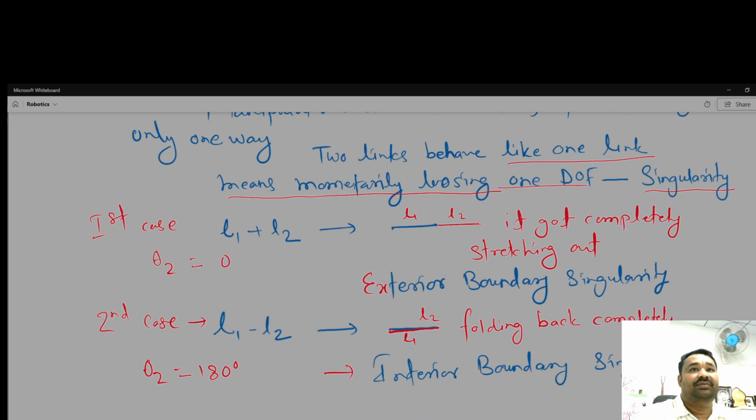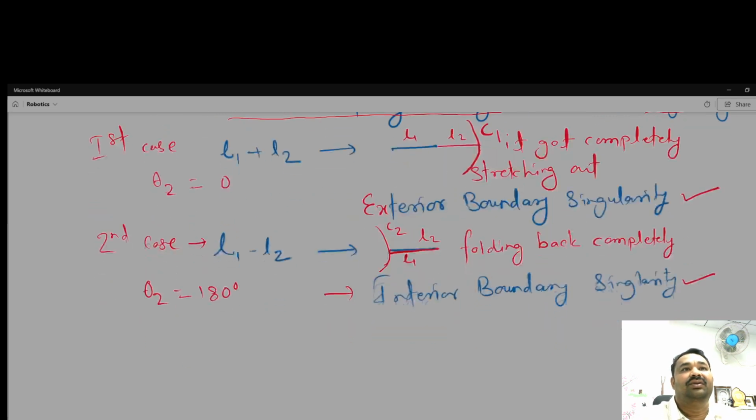There are two types of singularities: the exterior boundary singularity and the interior boundary singularity. In both, the links become straight in the first case, and in the second case the second link gets completely folded back. Regarding reachability, if we take circles, suppose here this is circle C1 and this is circle C2. Both give a single solution, but at circle C2 one link is completely folded back. Not discussing more about that.